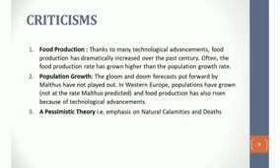Secondly, population growth. The gloom and doom forecast put forward by Malthus has not played out. In Western Europe, population has grown, but not at the rate Malthus predicted, and food production has also risen because of technological advancement. Number 3, a pessimistic theory.